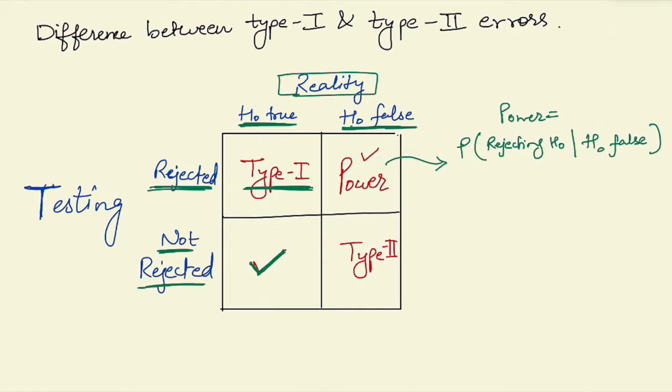And lastly, when the hypothesis is false and we do not reject it, we call it the type 2 error. So let's discuss the probability of type 1 errors, which is the probability of rejecting when h0 is true.